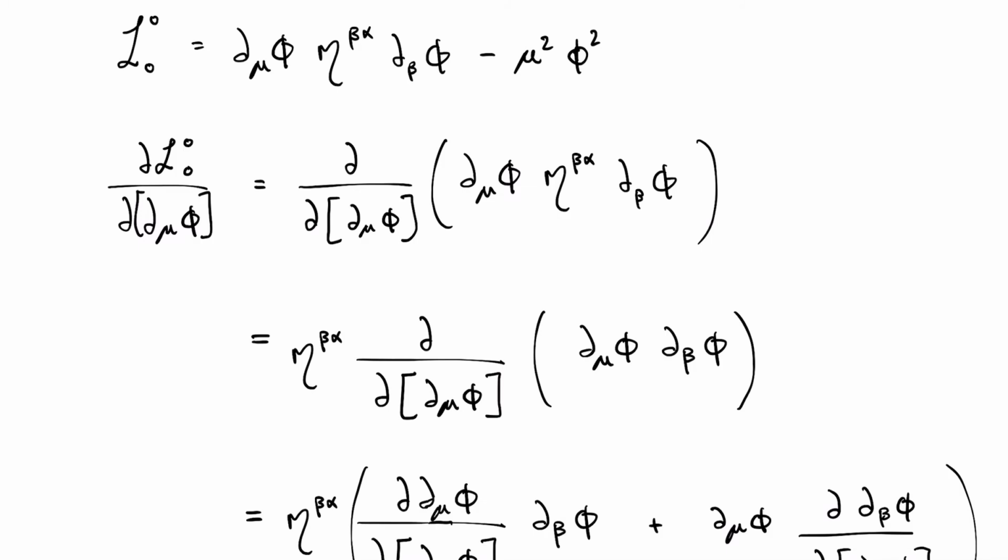So what is the derivative of the Lagrangian with respect to the change in the coordinates? This isn't a double derivative, right? Because there's no 2 right here.